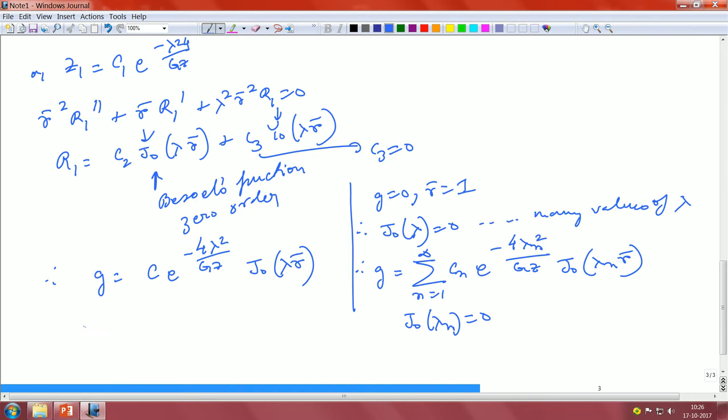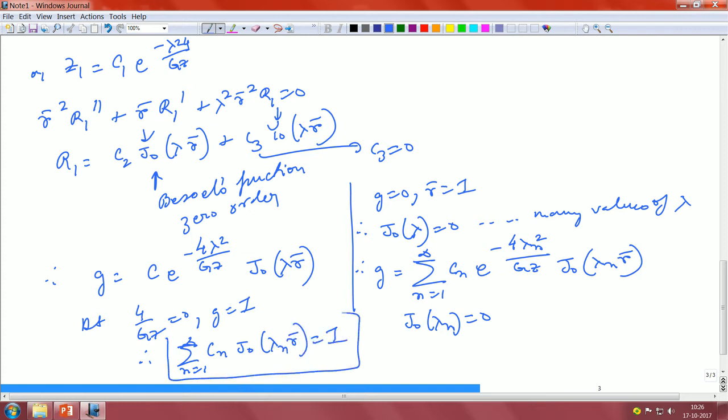So, multiple values of lambda n. Also at 4 by Gz equal to 0, G is equal to 1, that also we know, right. So, therefore, the sum from n equal to 1 to infinity of Cn J naught lambda n R bar is equal to 1. Got it?